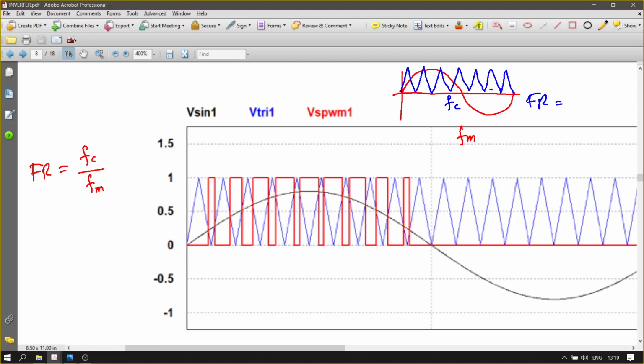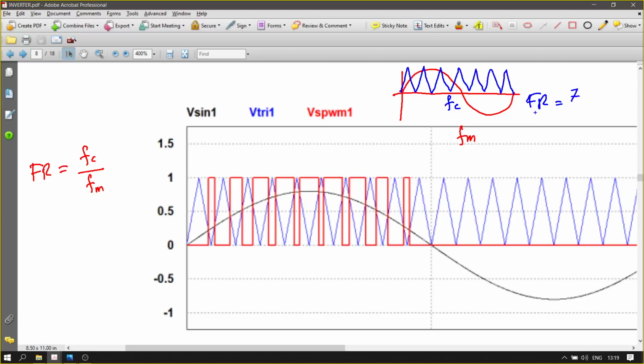You can actually count. In one full cycle of Fm, how many triangular waves repeat themselves? Here we have 1, 2, 3, 4, 5, 6, 7, isn't it? So you have a frequency ratio of 7.